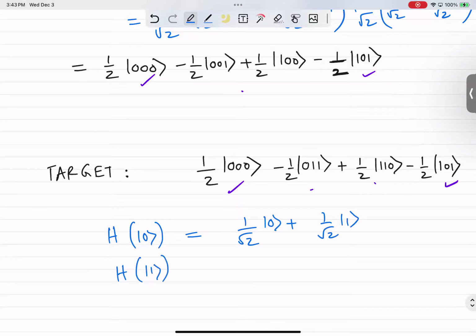Hadamard on 1 is 1 over square root 2 times 0 minus 1 over square root 2 times 1. Okay, so that's why. And the number of minuses can also give you an indication as to what Hadamard to apply.